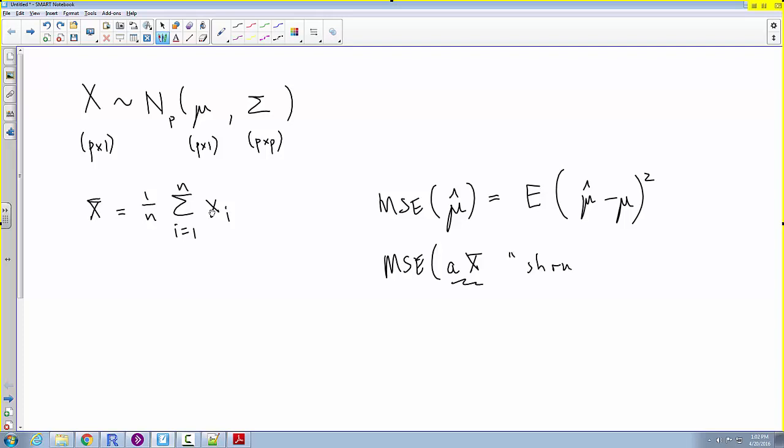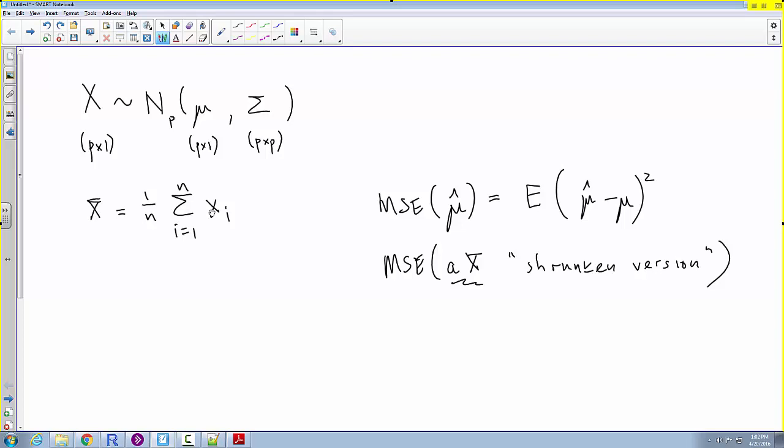You go component by component, and for each of them, you shrink the estimate towards 0. So if it was a big positive number, it gets pulled in a little bit. If it was a big negative number, it gets pulled in a little bit. And you end up with a vector estimate that's less noisy.